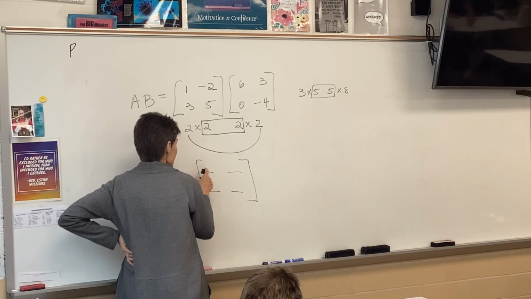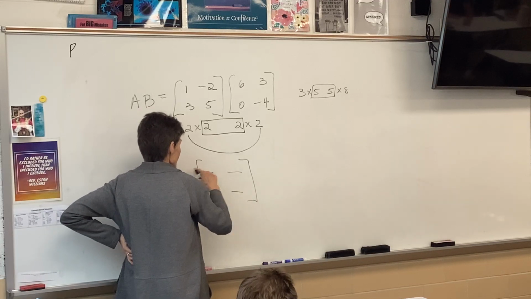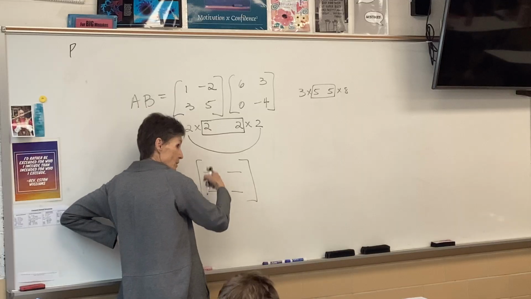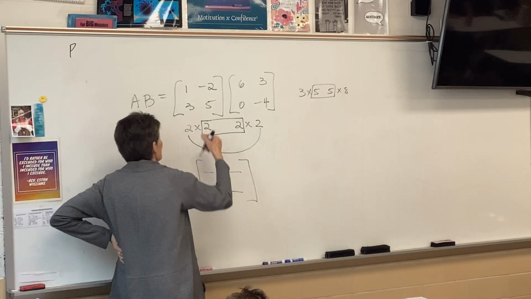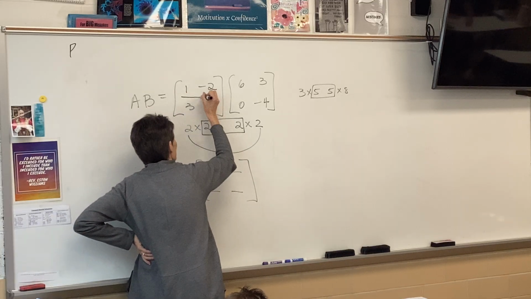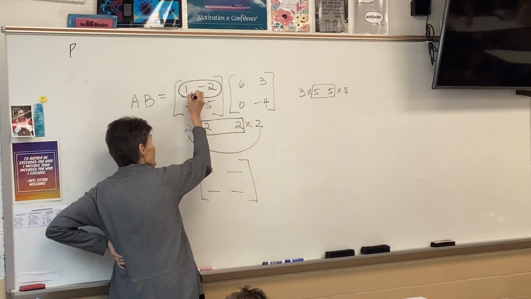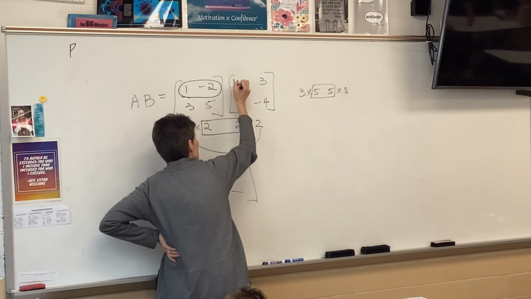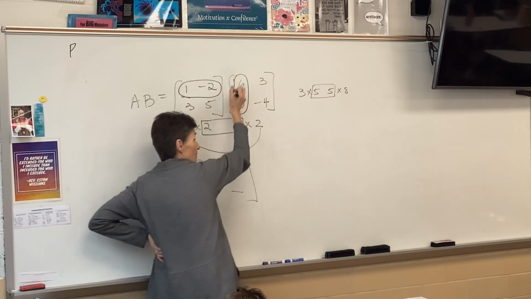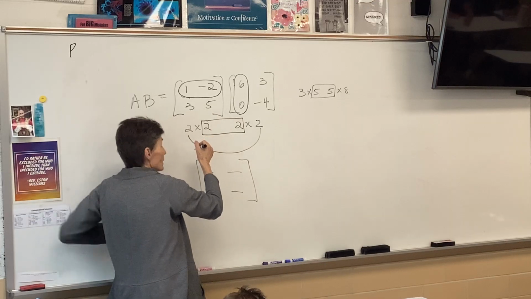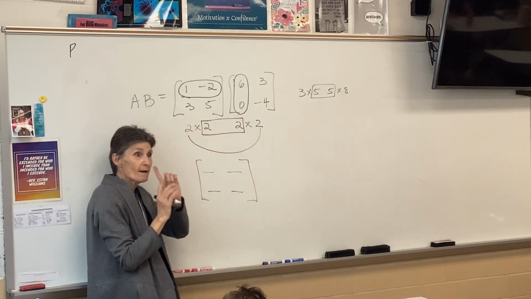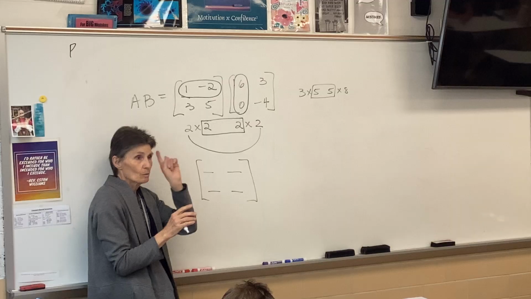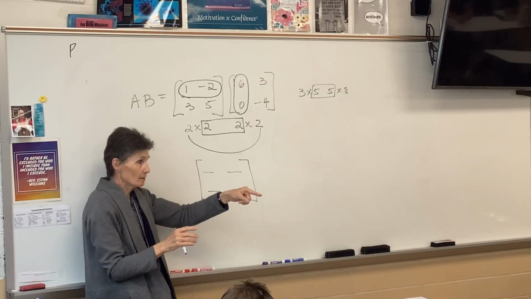Ready? To find this number right here, notice that this number is in the first row and the first column. So we're going to multiply the first row of numbers times the first column of numbers. Remember I told you earlier, everything is rows first. Rows times columns.